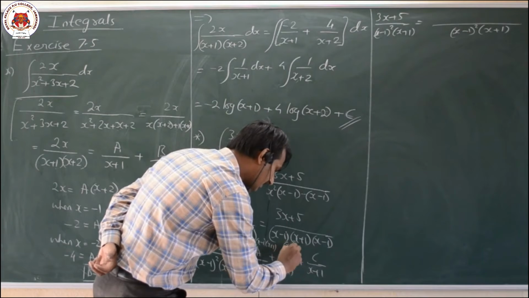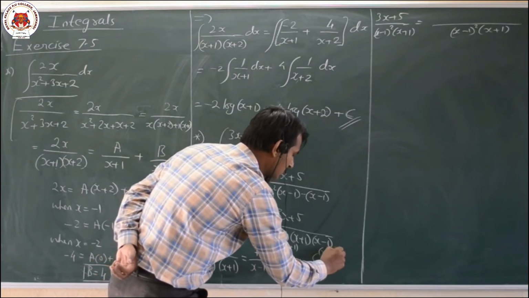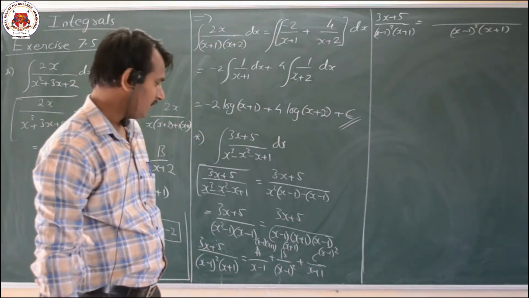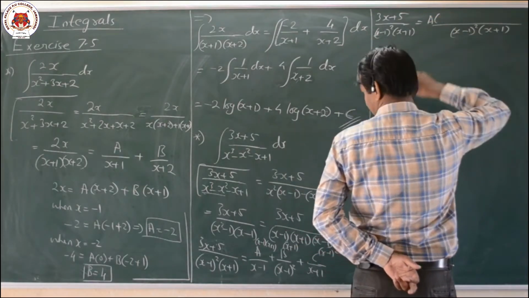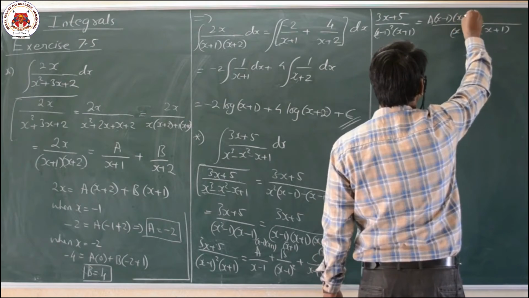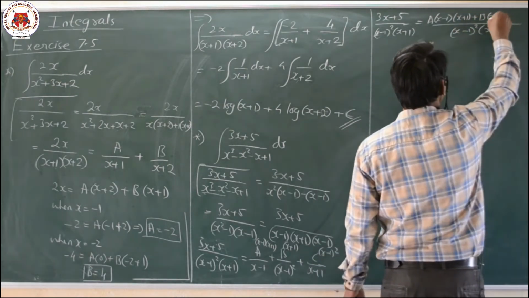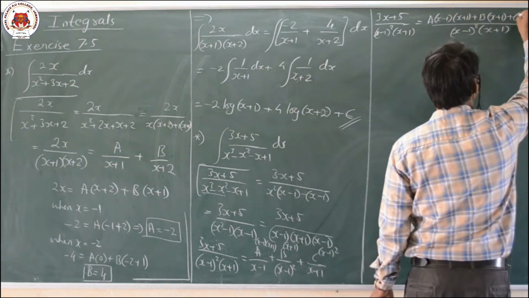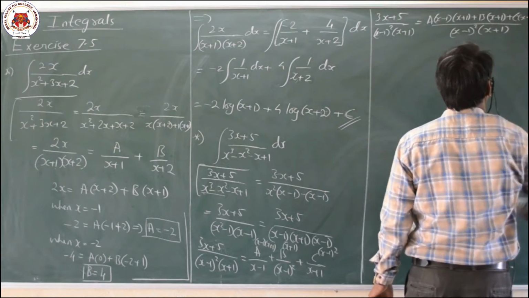That means I have to multiply (x + 1). Now c into what? It is (x − 1)². That is nothing but our method of taking the LCM here. So we get a(x − 1)(x + 1) plus b(x + 1) plus c(x − 1)².